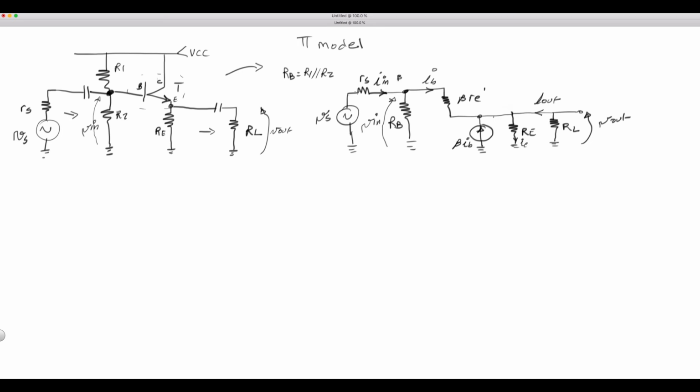Okay? So for our next assessment, we're going to look at this as a system. And we would have Vs connected here. Vin considered from here. This would be Iin.